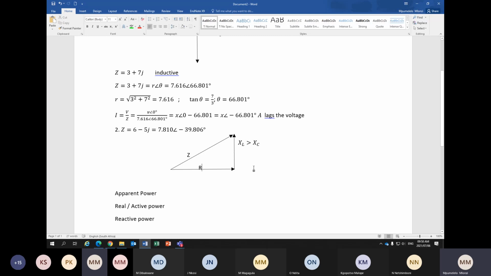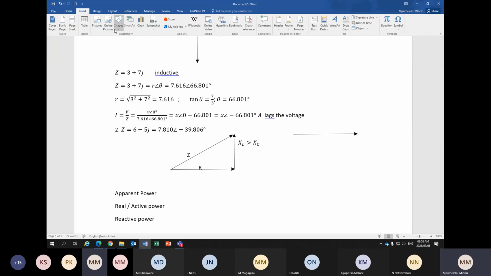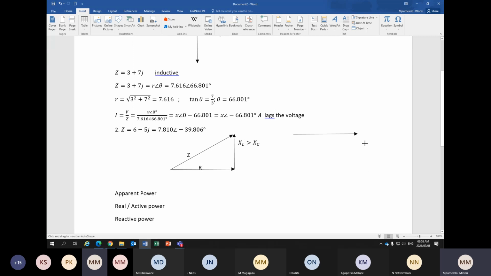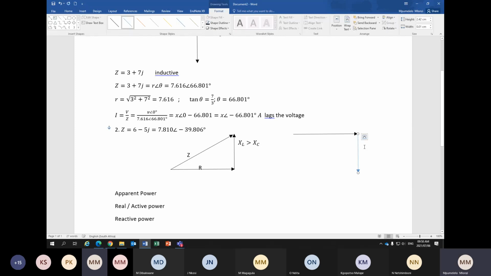But if we have a different case where you have the XL now facing down, remember, what do we have on the negative side? We have negative J of the complex representation.